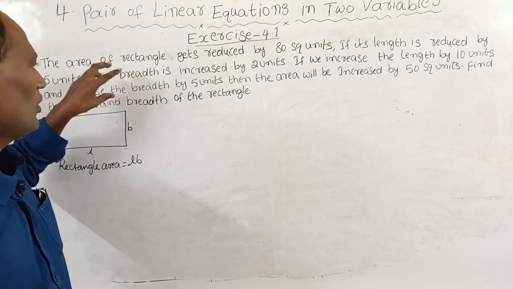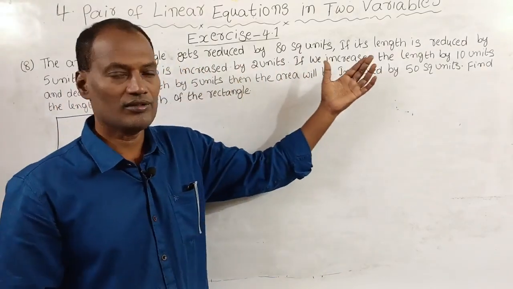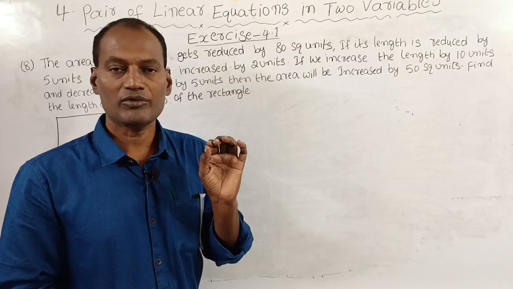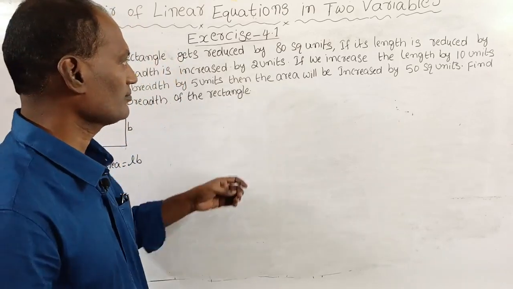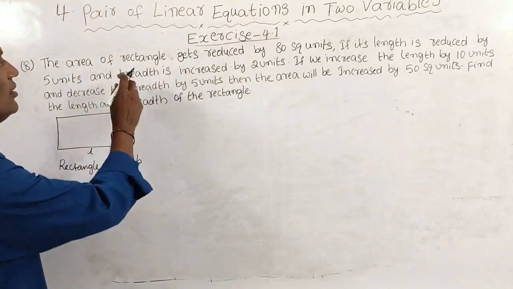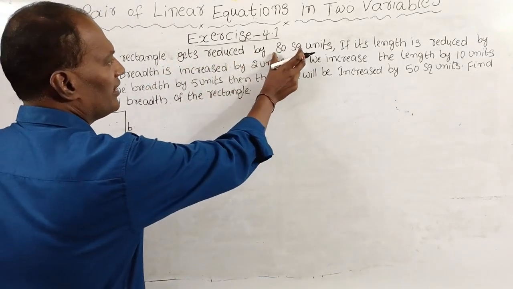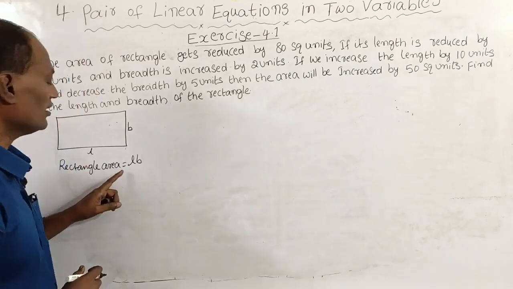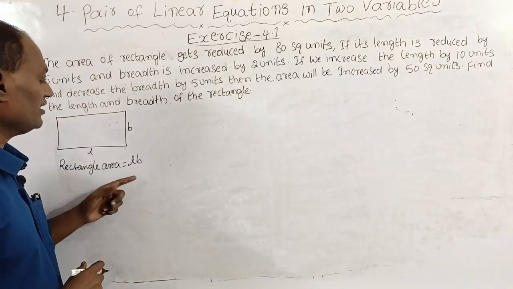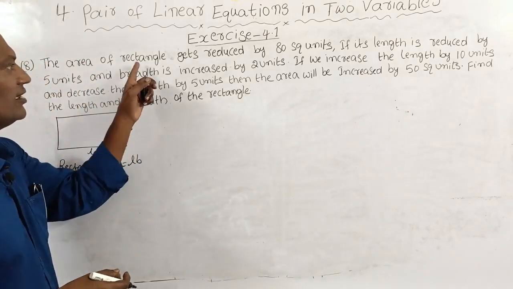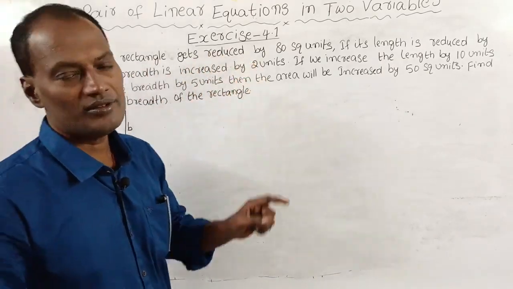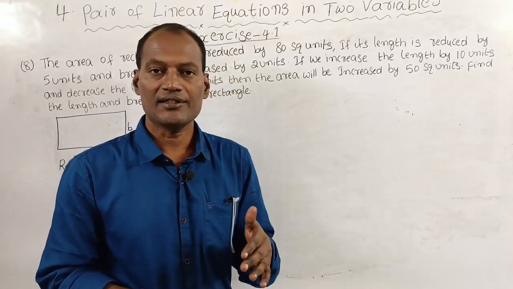See here what they have given in the question. We will go step by step. First, the area of the rectangle gets reduced by 80 square units. What is the area? Area of rectangle is LB.